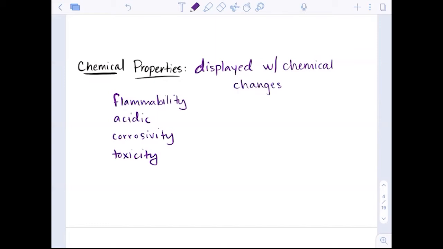Flammability, combustion. A fuel reacts with oxygen to produce carbon dioxide and water vapor. So when we think about all of these, they should be linked to a chemical reaction, a chemical change. And so we want to be able to identify these 2 types of properties along with the 2 types of changes as well.